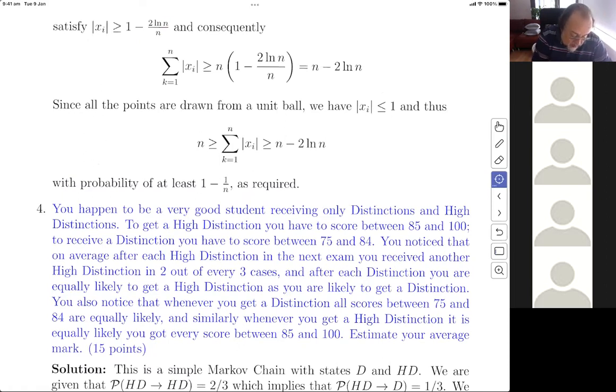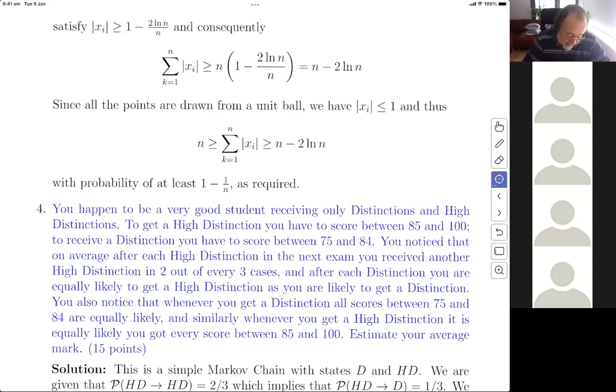So if you sum the left-hand side, the right-hand side becomes n minus n times this, which is just 2 ln n. And so we get the desired bound: with probability of at least 1 minus 1 over n, the sum is between n and n minus 2 ln n.